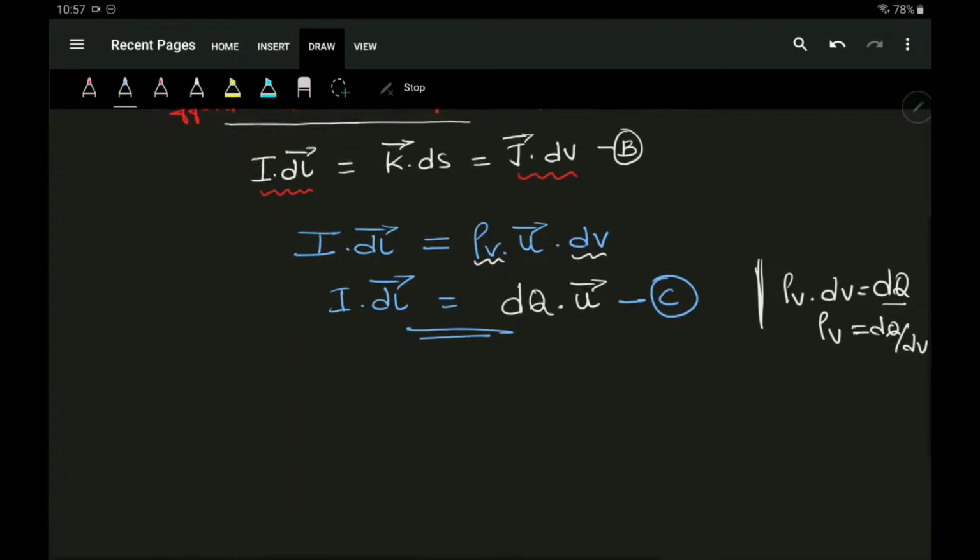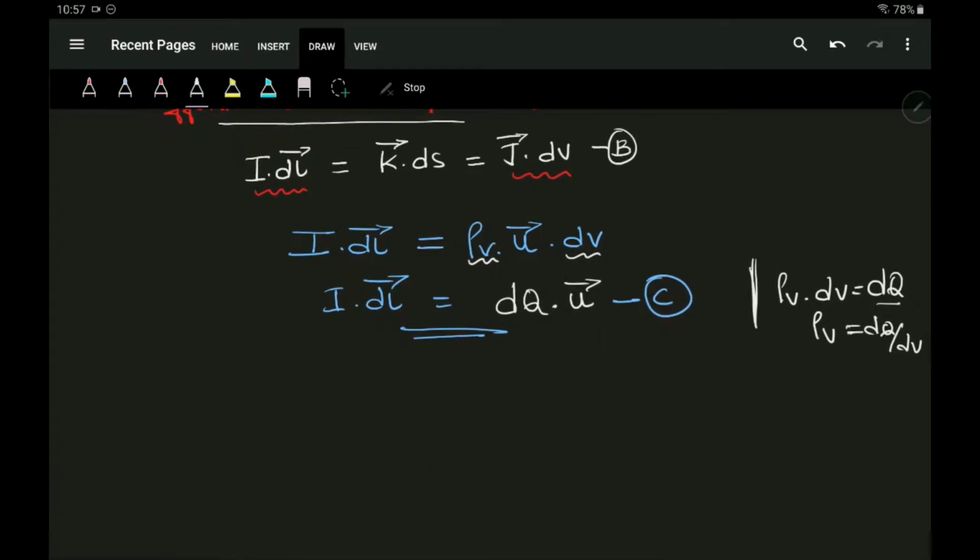Now, in our previous discussion we calculated the equation for force.